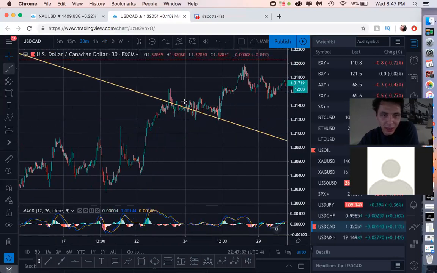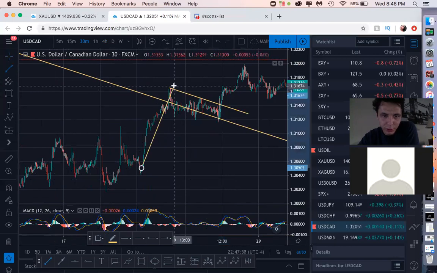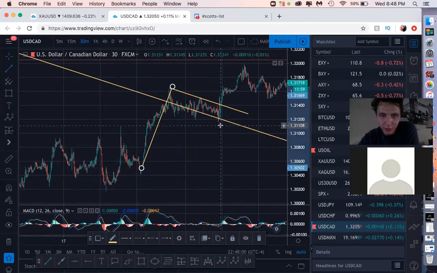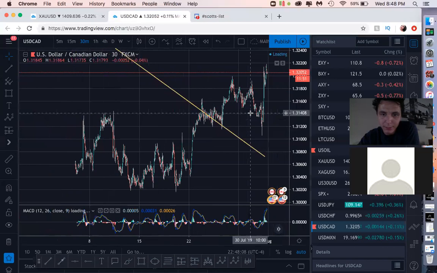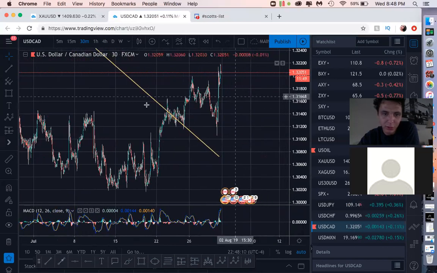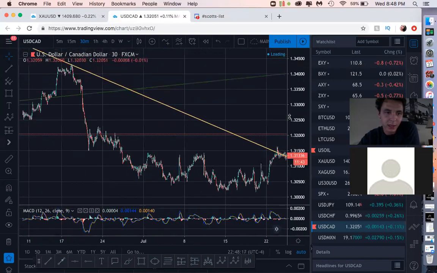You could say there was a bull flag that happened, where you get this push up, this consolidation area, then the breakout. But you really need a good eye to see that. It just goes to show that this simple trend line break with the MACD will work time and time again.